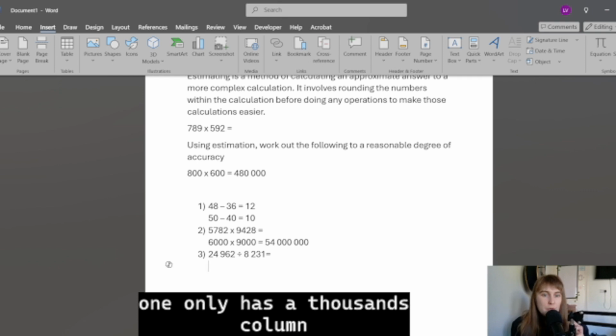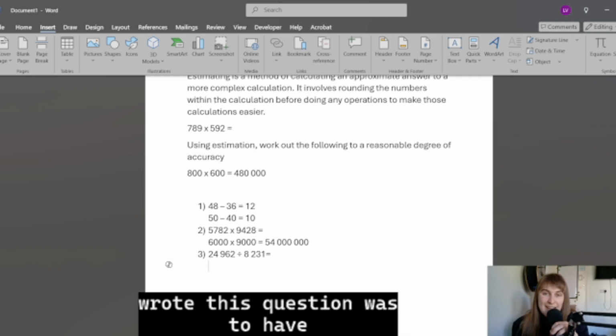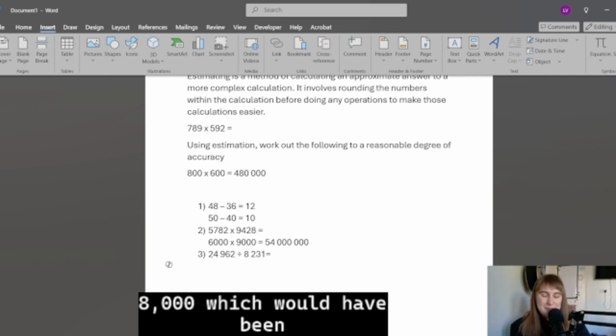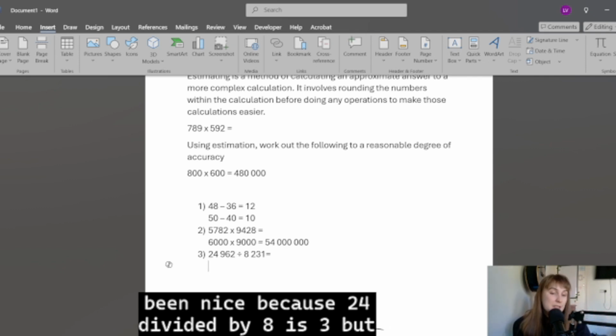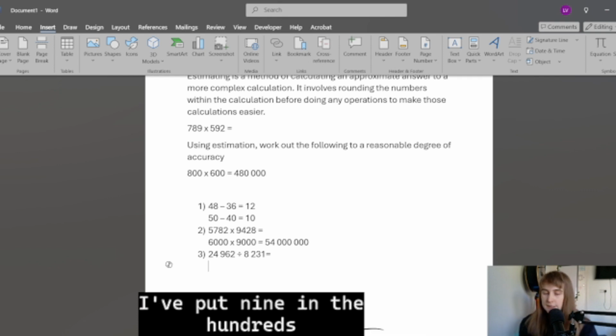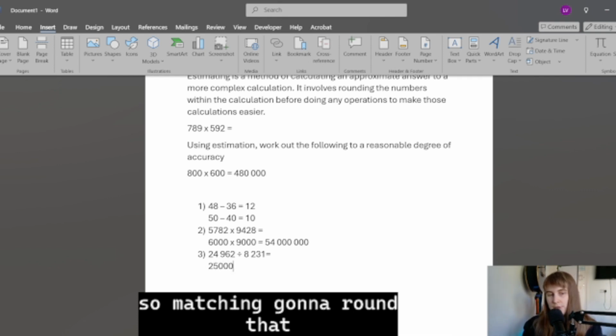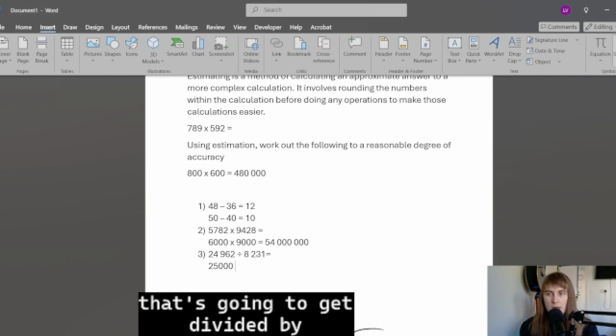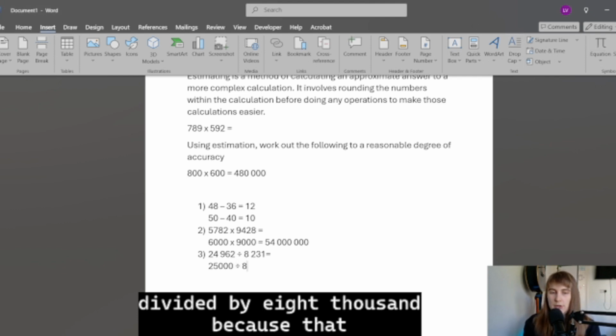I think my aim when I wrote this question was to have 24,000 divided by 8,000, which would have been nice because 24 divided by 8 is 3. But I haven't done that because I put 9 in the hundreds column, so that's fine. So I'm actually going to round that to 25,000. And then that's going to get divided by 8,000 because that 8,000 is going to round down.